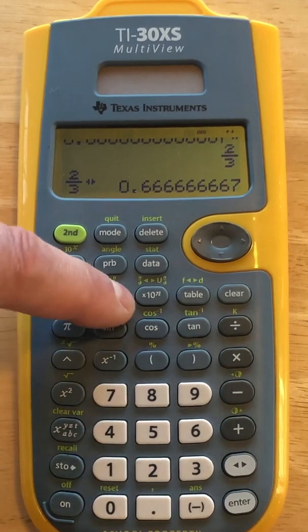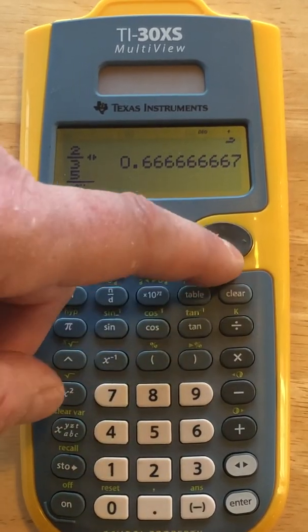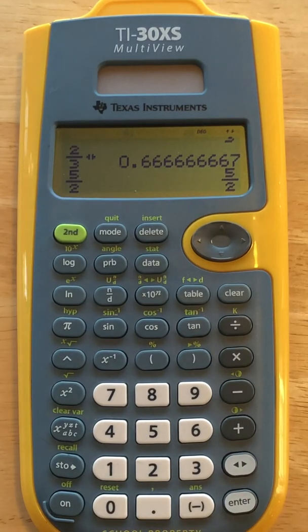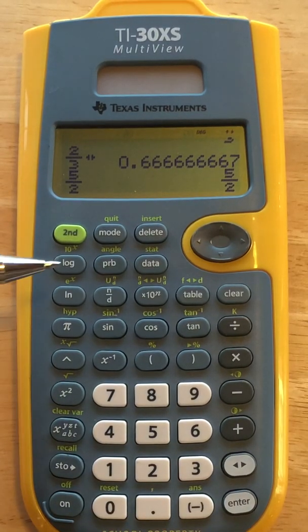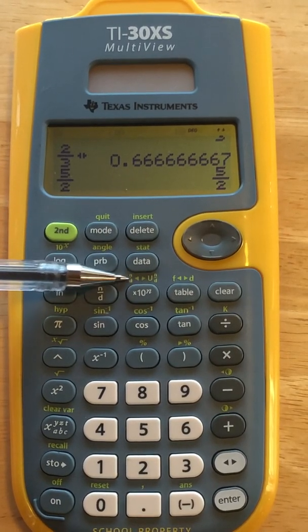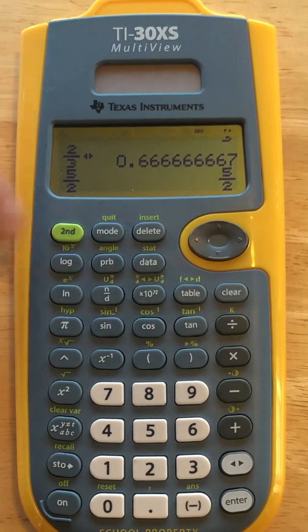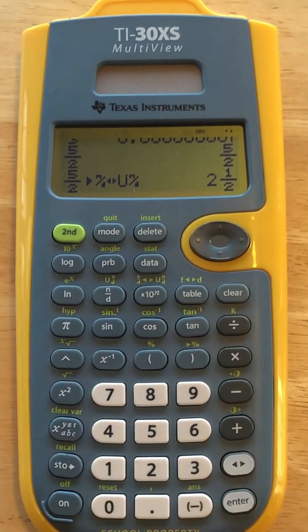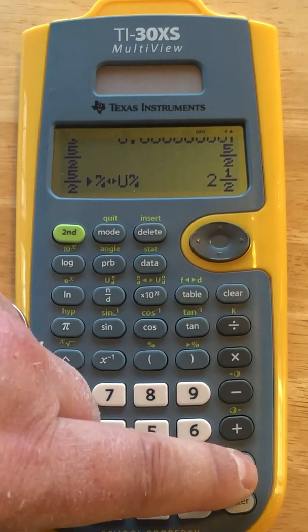What if I had fraction 5 over 2? And I want that to be a mixed number. This right here would change it to a mixed number. So I'd go second function right there, and now it'll change it to a mixed number for me. Now if you want to go back, just push this button.